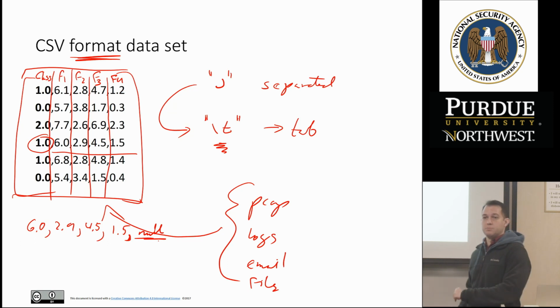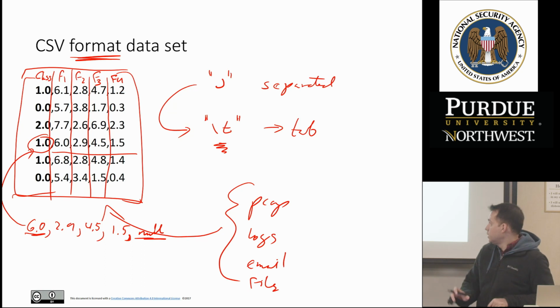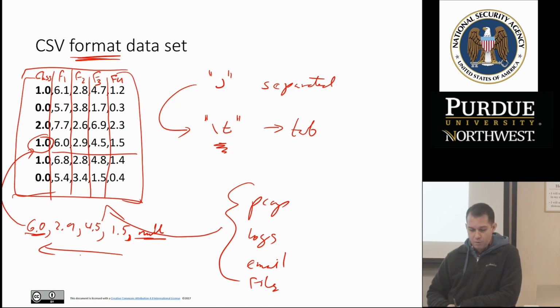Well, this is actually completely wrong, because now this 6 is in the first column. So what machine learning will think is that that 6 is the class, which it is not. It was supposed to be feature 1. And so just because it shifted a little bit to the left, right, you've caused a problem, and now your machine learning algorithm does not work. So you want to avoid that, and you want to be especially careful in making sure that things are properly aligned like this.